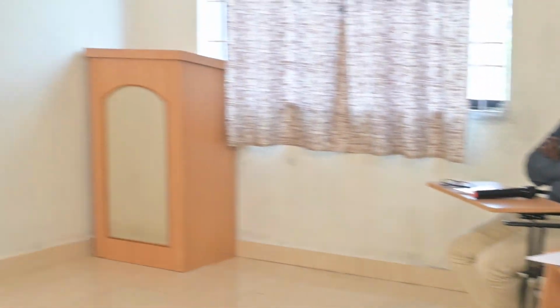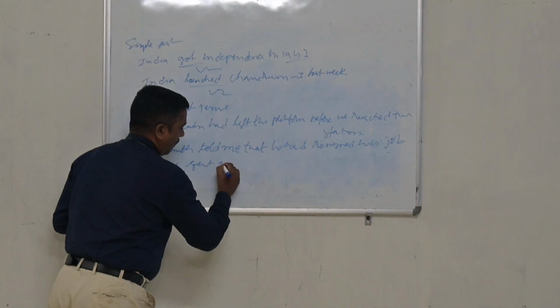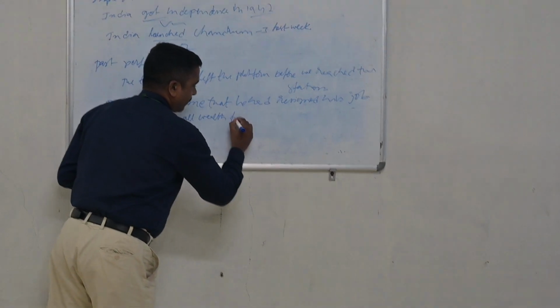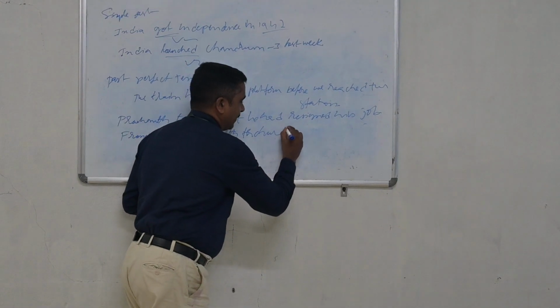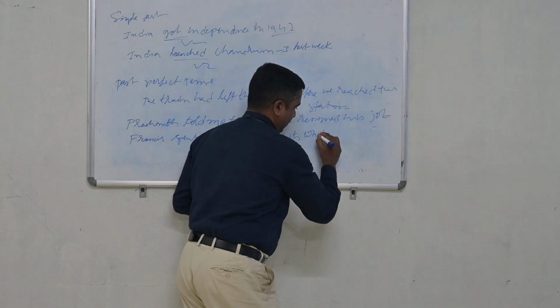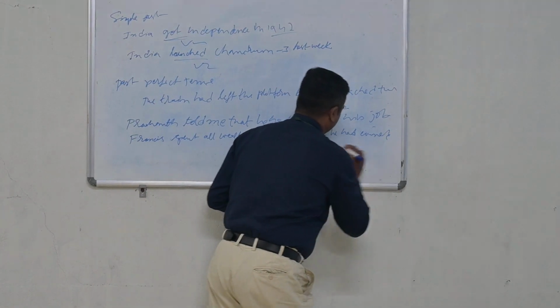Now let us discuss one more example. Francis spent all his wealth for charity, what he had earned in his youth.